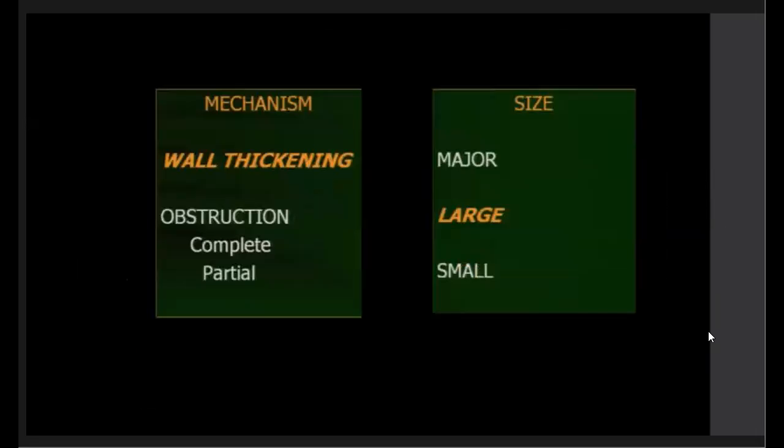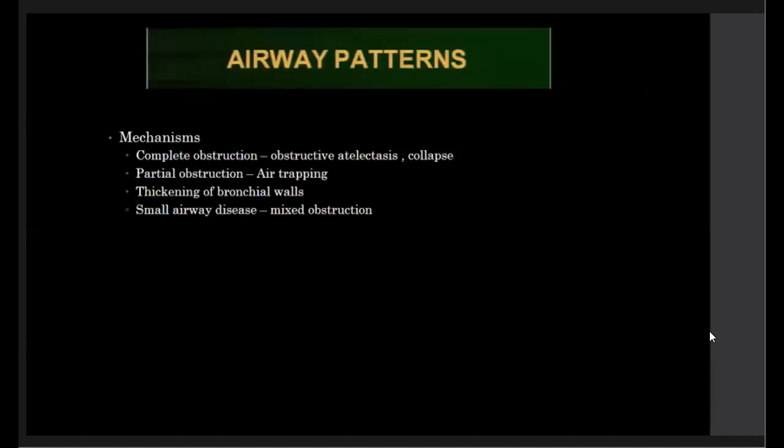We can classify the airway into major, large, and small, and the mechanism is either wall thickening or obstruction, either complete obstruction or partial obstruction.